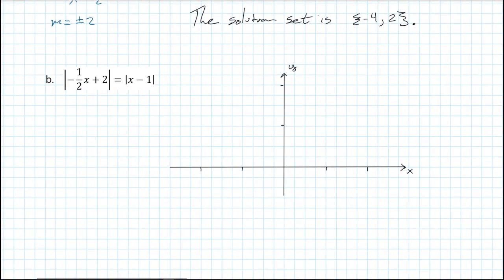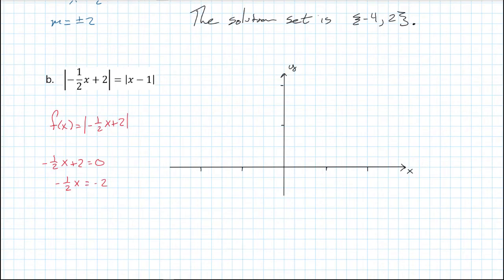and work through this. I set f of x equal to the absolute value of -1/2 x plus 2. And I'm just going to graph this all the way here. Let's see, we've got -1/2 x plus 2. We set this to 0 to find the x-intercept. I'll subtract the 2 over to get -1/2 x equals -2.